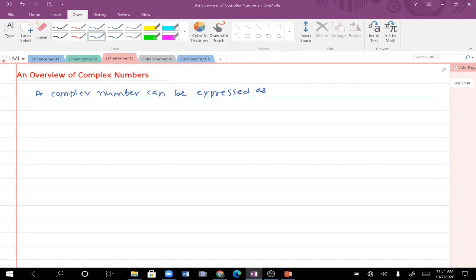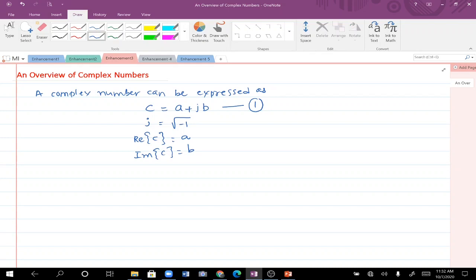One typical representation is, let's call it C, equal to a plus jb. This is the representation where you are using the real and imaginary parts of a complex number. Here j can be represented as the square root of -1. The real part of this complex number C is equal to a, and the imaginary part is equal to b.